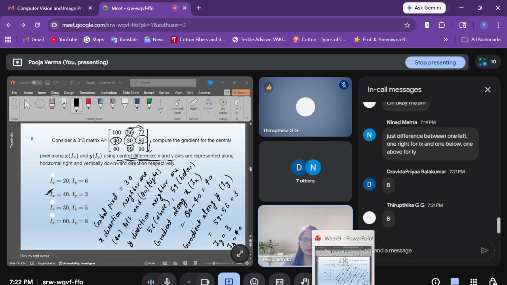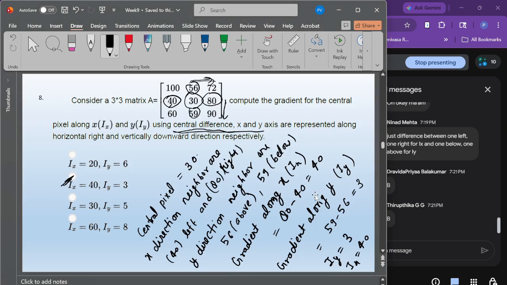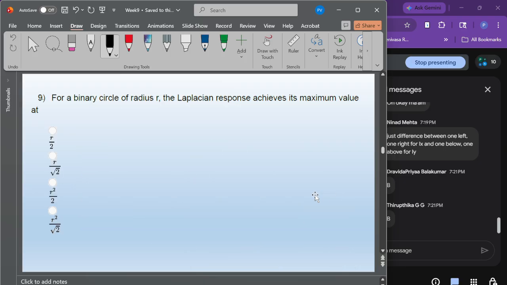Okay, so I hope all of you have understood. Now moving to our next question. For a binary circle of radius r, the Laplacian response achieves its maximum value at what? The options are r by 2, r by root 2, r square by 2, or r square by root 2.